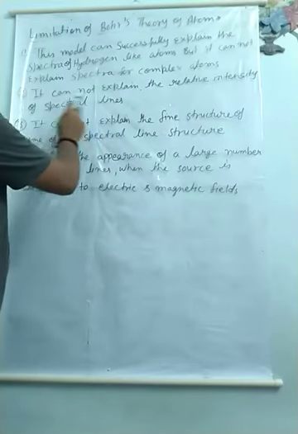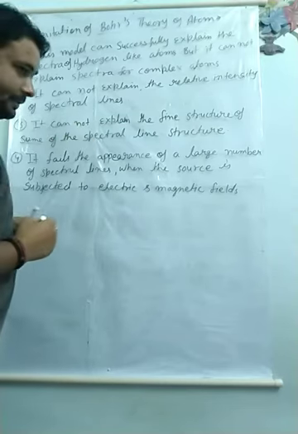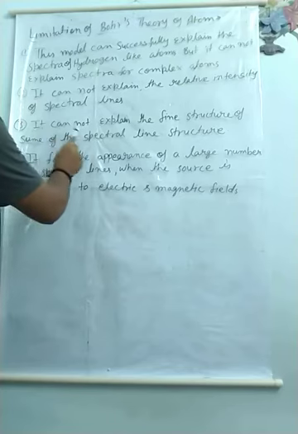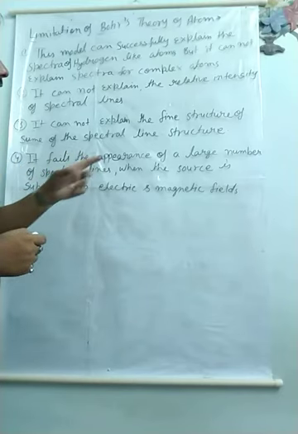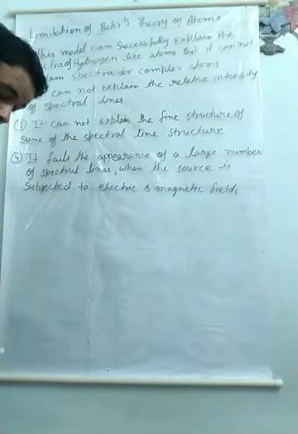Second, it cannot explain the relative intensity of spectral lines. Next, it cannot explain the fine structure of some spectral lines. And the last, very important point, is that it fails to explain the appearance of a large number of spectral lines when the source is subjected to electric and magnetic fields. Copy this.